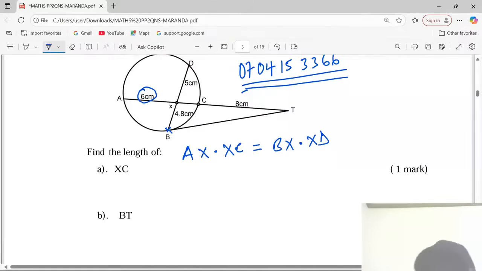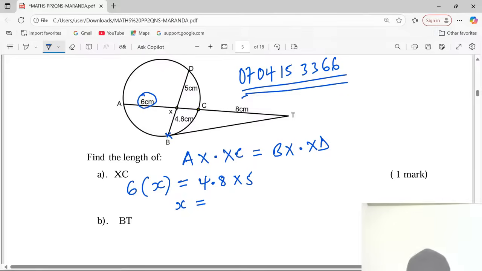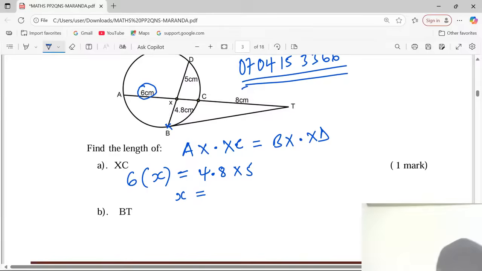That product is usually the same. So 6 multiplied by unknown XC should be the same as 4.8 multiplied by 5. Then XC is 4.8 by 5 over 6. I'm getting exactly 4 centimeters.